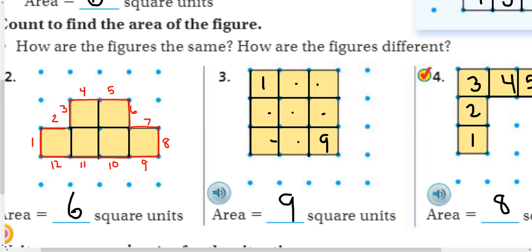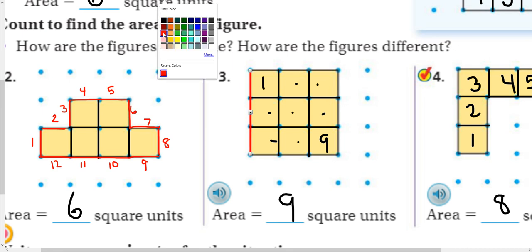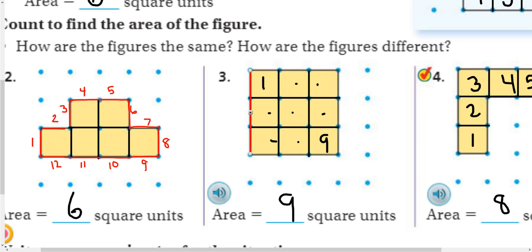Let me make that stand out a little bit more. We'll keep it red. Well, this is easy enough. Okay, so we see this is 1, 2, and 3. All right, so this whole side right here, that's 3.